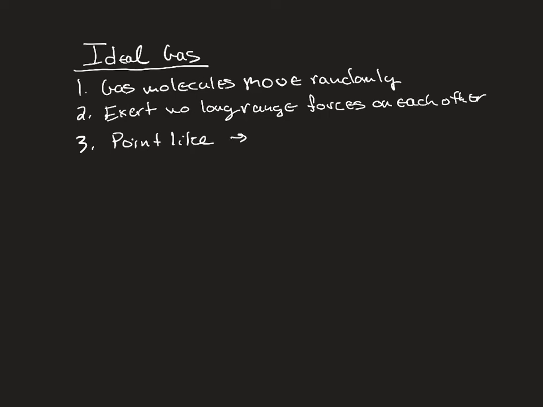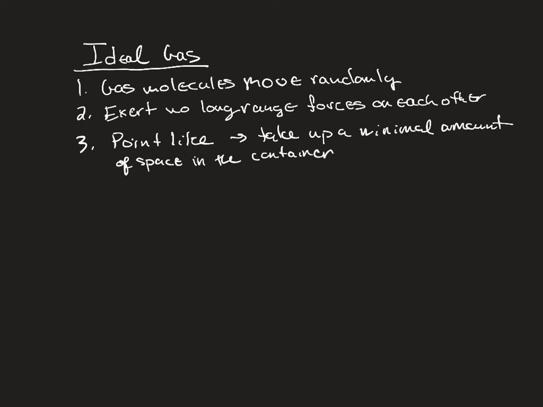In other words, they take up a minimal amount of space in the container, which we would expect to reduce the volume of the container that the particles can move around in.